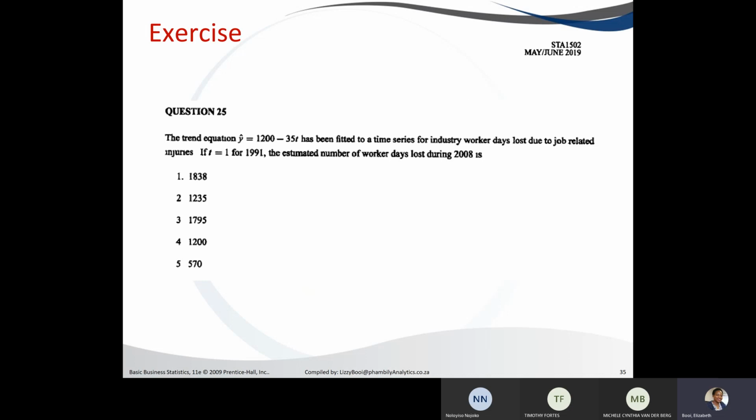So what they want you to do is to substitute the value of t with the value for 2008. You can calculate it because you will say 1991, 1992, 1993, until you get to 2008. What will be t in 2008?